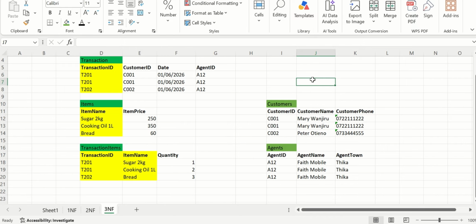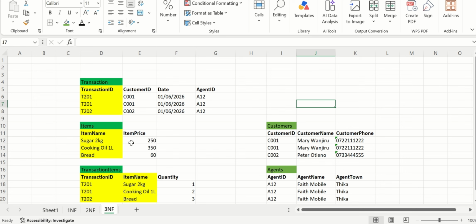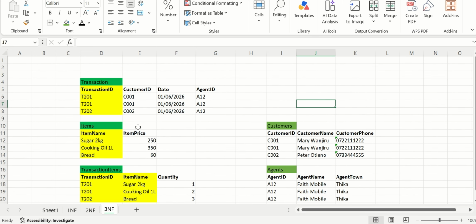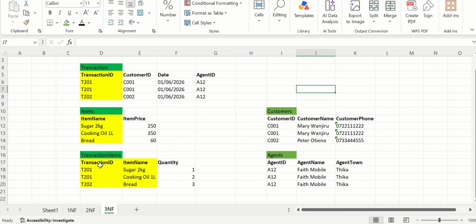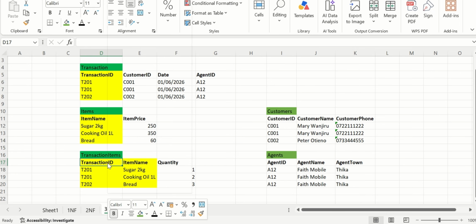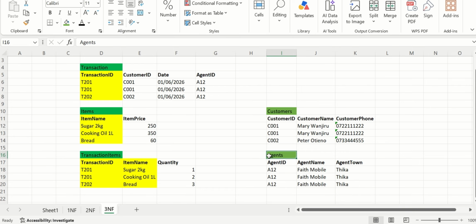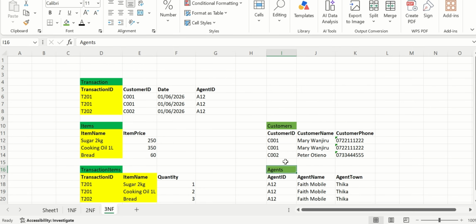Yeah, so we will finally have these 5 tables where we have transaction table, we have items, we have transaction item, and we have customers, and we have agent tables. I think you've enjoyed this session.